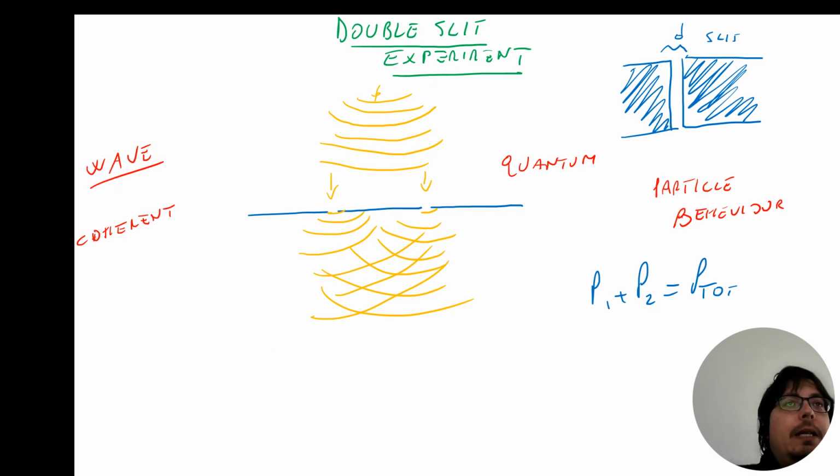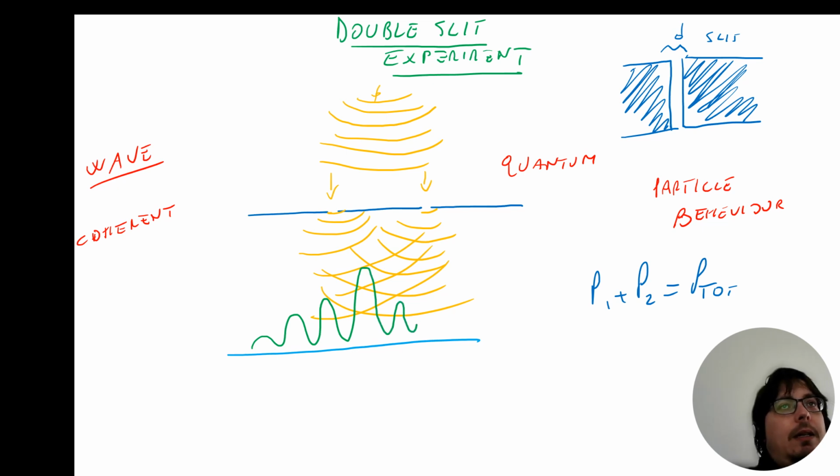And then when they hit the screen, there will be an interesting feature, because the intensity will go like this. Actually, you see that the maximum is at the center, where there is no aperture. It's in front of the wall. So how come this is possible?